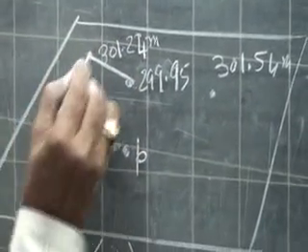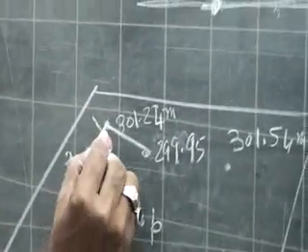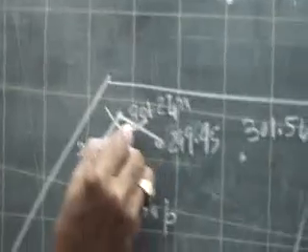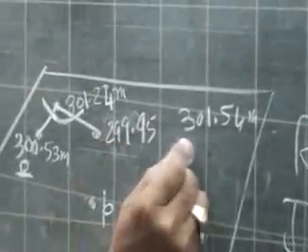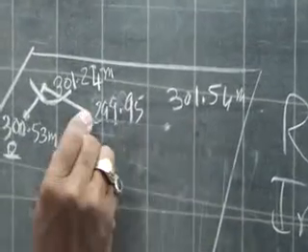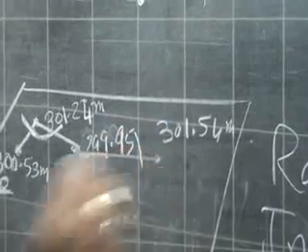So if I join this line, the 300 contour will pass somewhere here and the 301 contour will pass somewhere here, and this is 301, this is 299.5. So if I join these two lines, my 300 contour will also pass somewhere here.